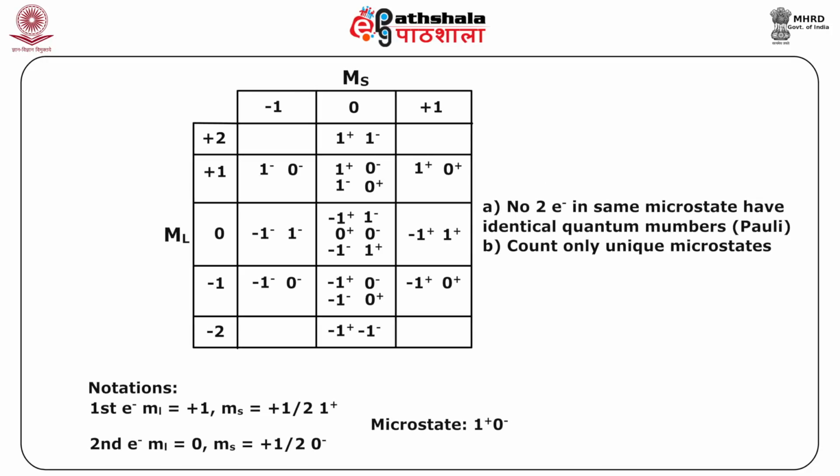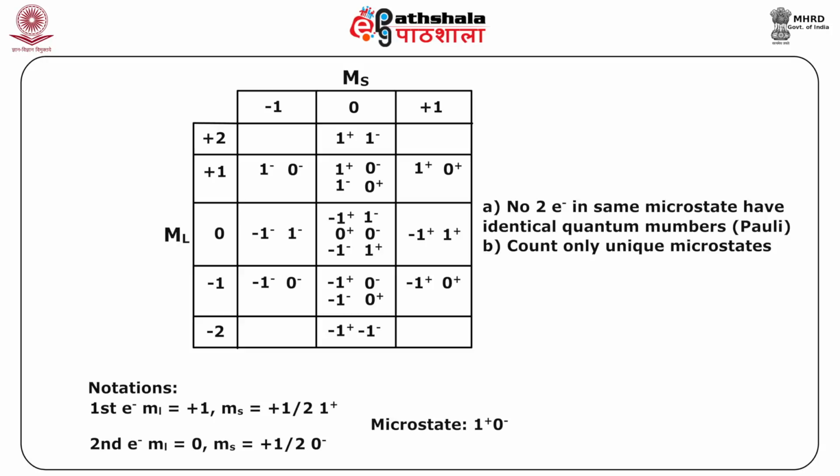Now we will tabulate the various microstates possible according to their ml and ms values for a p2 case, where we can get a total of 15 microstates.